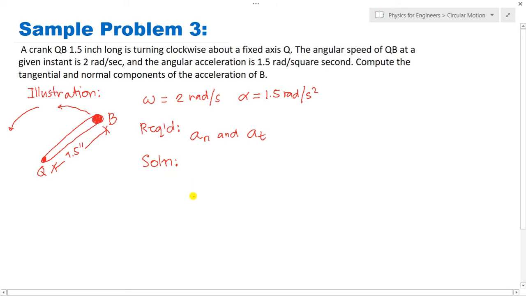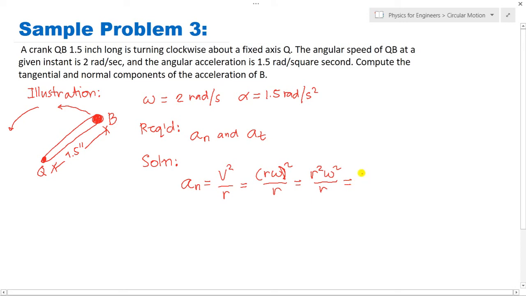Let's solve. This is our solution. Let's solve first the normal acceleration. We all know that normal acceleration is equal to the square of your linear velocity all over r. And your linear velocity is just equal to rw, so (rw) squared all over r, or r squared w squared over r.